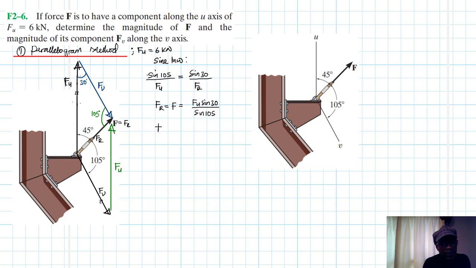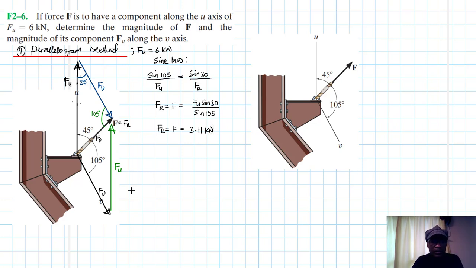Let's do the calculation: 6 sine 30 divided by sine 105. This gives us 3.11 kilonewtons.